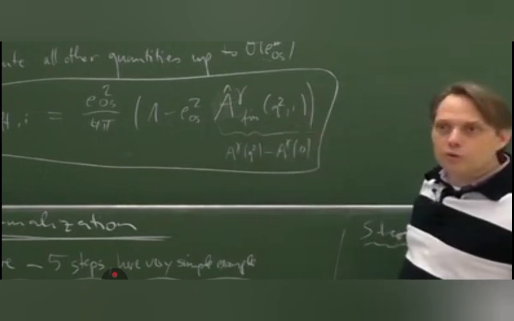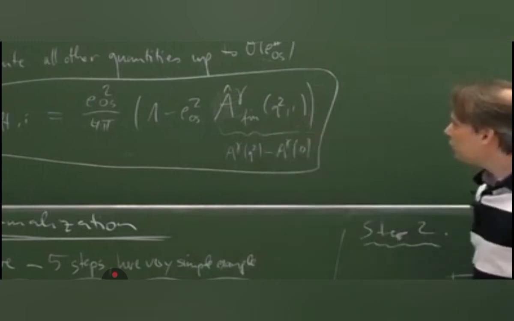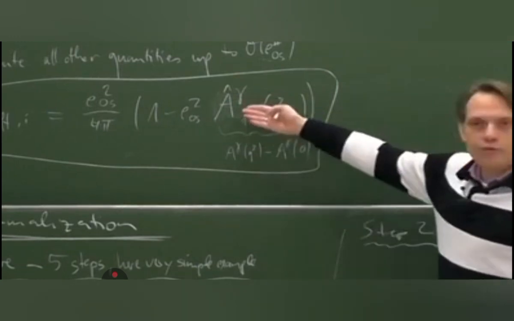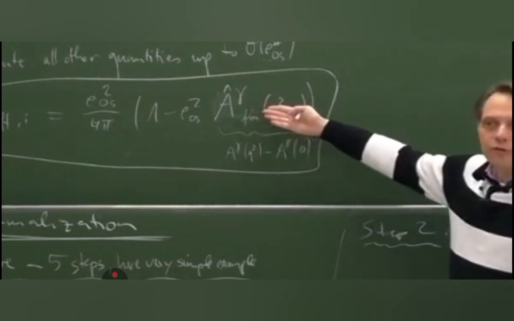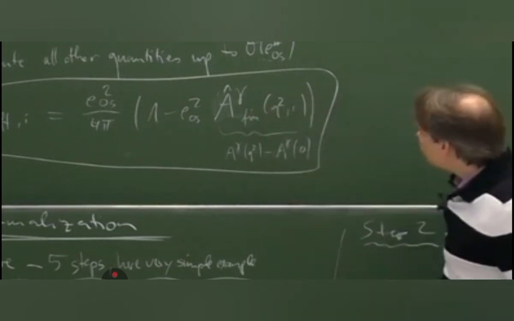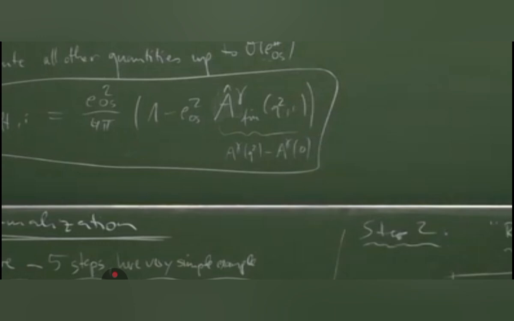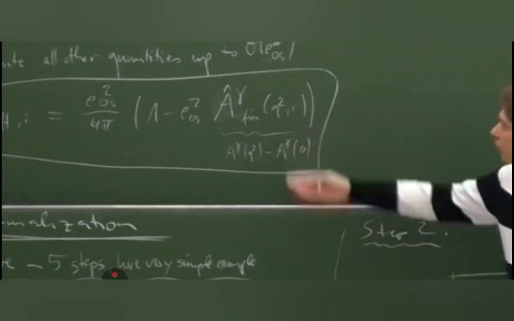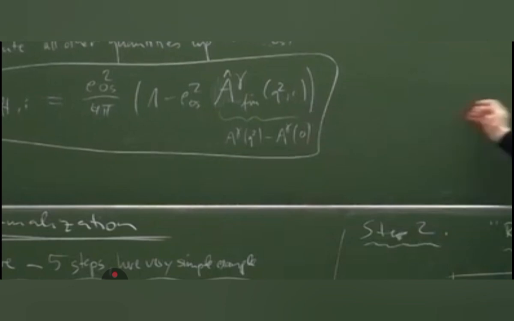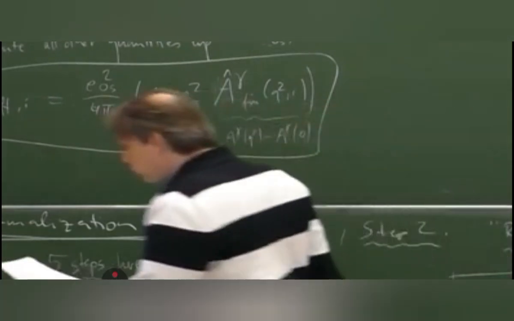There are no 1 over epsilons anymore. This A hat is a finite formula which we have discussed. It consists of normal mathematical objects like logarithms and power series expansions in Q square. Therefore, we have absolutely explicit, well-defined expressions in the limit epsilon going to 0.